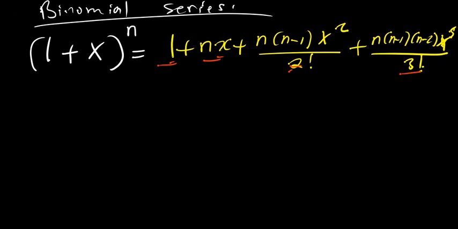That's why here r is 0, here r is 1, here r is 2, here r is 3. So when r is 3, we are looking at the fourth term. r is 2 is the third term, r is 1, second term, r is 0, the first term. I hope you are able to relate with what we are doing.